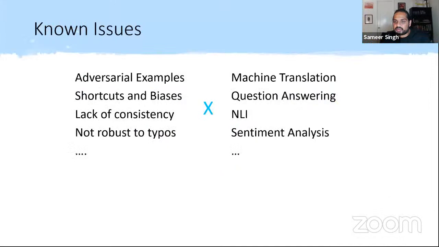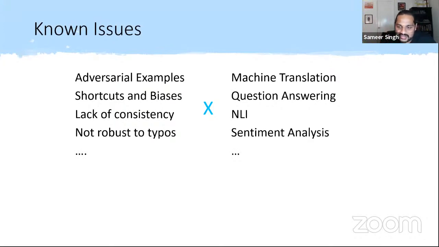So let's go back to sort of where we are, after I've shown you all these examples of finding bugs, this is sort of what the lay of the land looked like. There were a bunch of known issues with NLP by the time we were looking at this, like a year ago or so, where there are a bunch of adversarial examples that we know exist. We know there are shortcuts and biases.